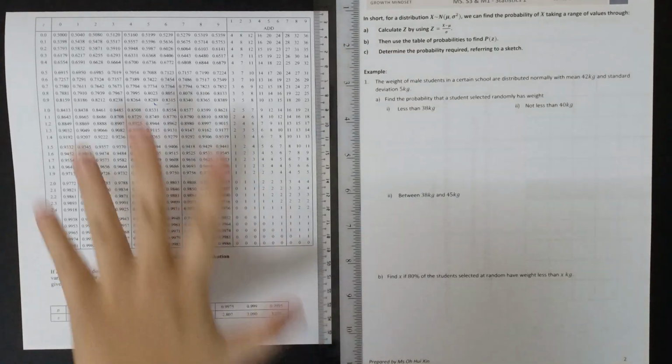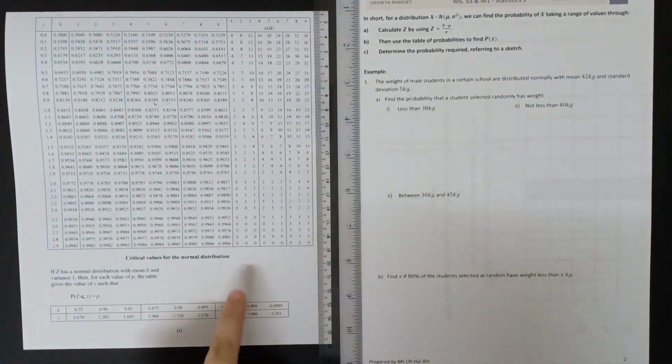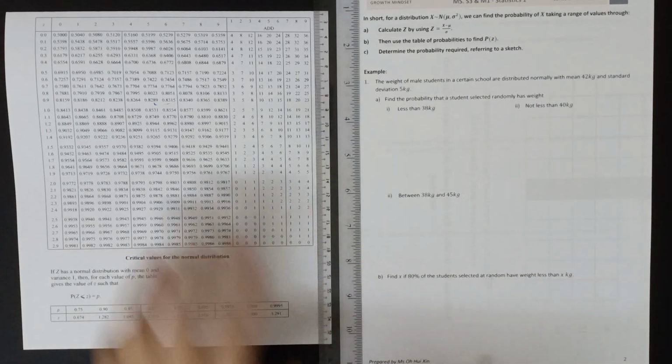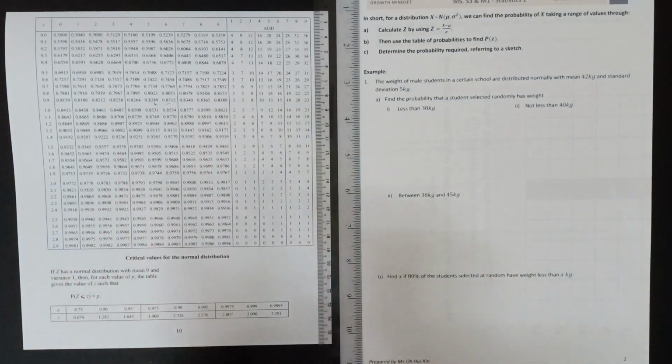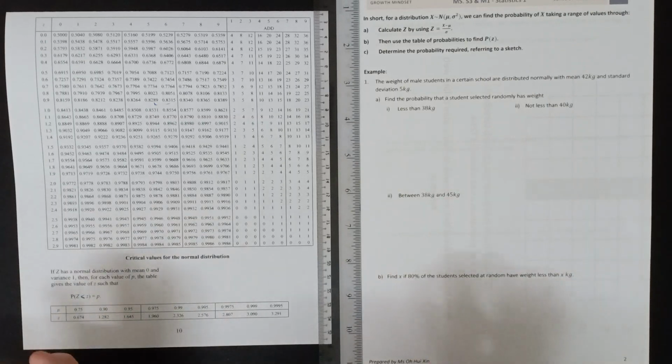But before we move on, I just want to say something about the table. If you realize that you can't get a certain value from the table, get the one that gives you the nearest value. Meaning if you can't find 0.8414, then just find 0.8415, like that. So try to find the nearest one. If you have two values that give you the same nearest value, just pick any one.